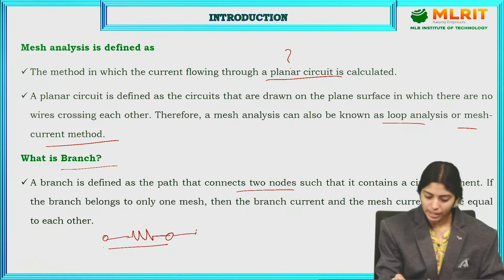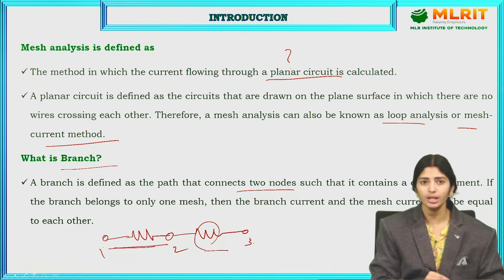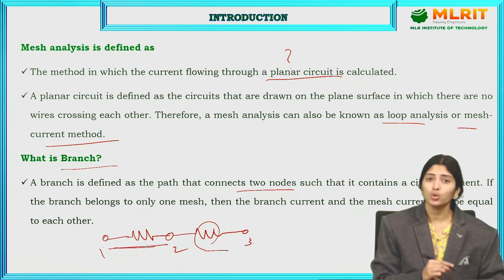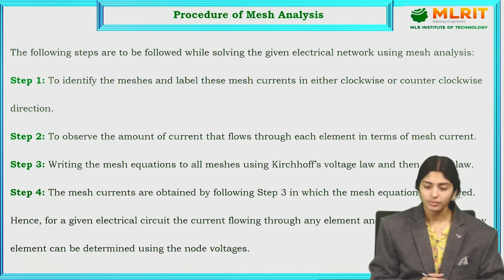Let us consider these are node 1, node 2 and node 3. Between 2 and 3, another resistor is there, so this is another branch. These branches are nothing but the interconnection of these nodes, so we can join the nodes with the help of branches. If a branch belongs to only one mesh, then the branch current and the mesh current will be equal to each other.